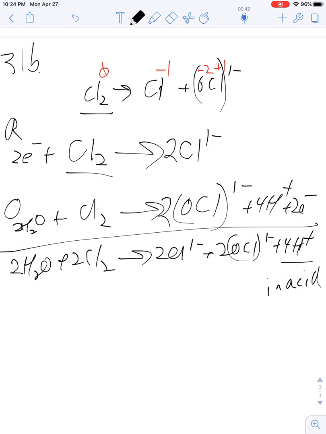But didn't the problem say we should balance in base? So to balance it in base, we just do one extra step, and 31A did not have this extra step.